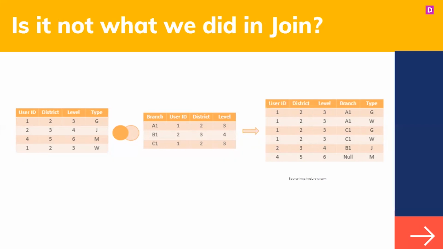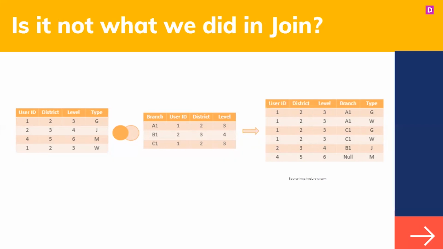What you're seeing on the screen right now is two tables. A common field between these two is the user ID. Based on this field, you will try to combine the data.